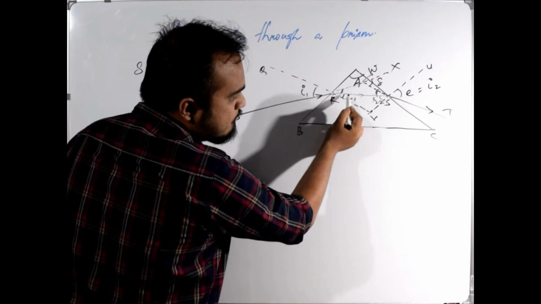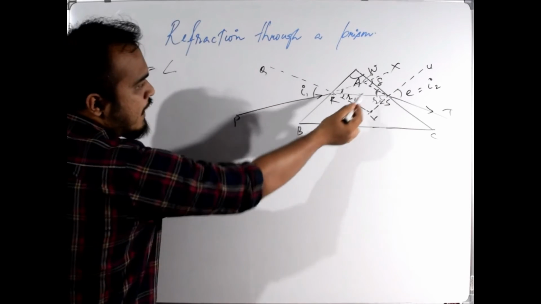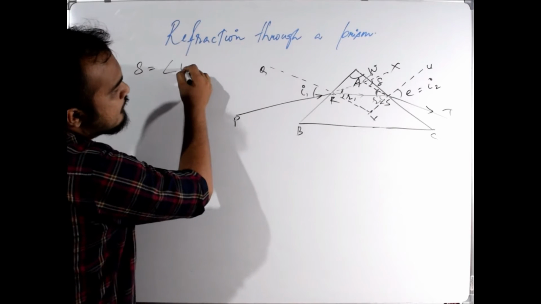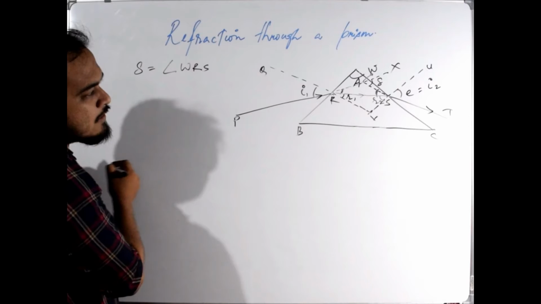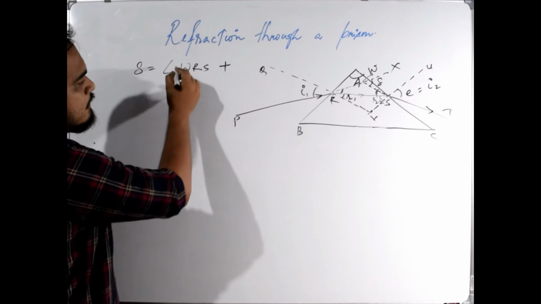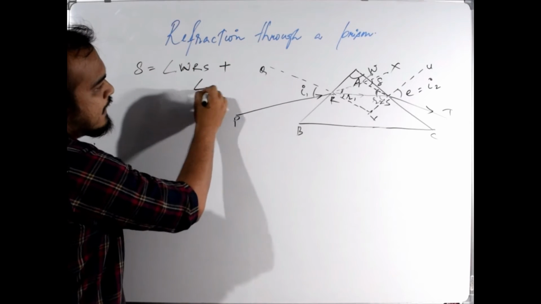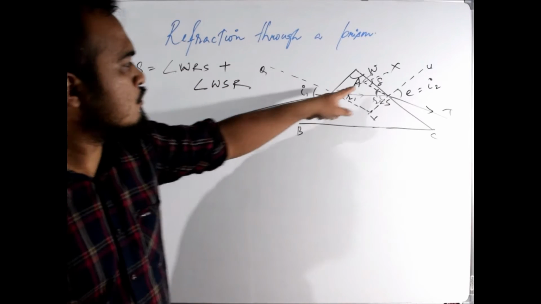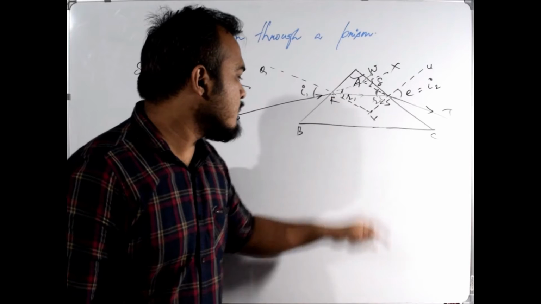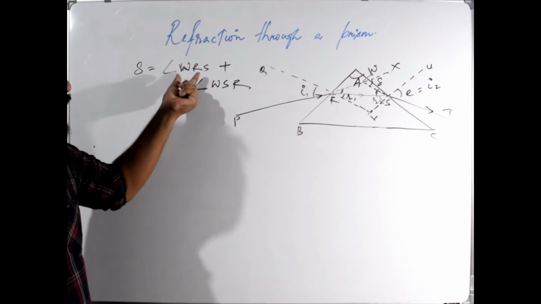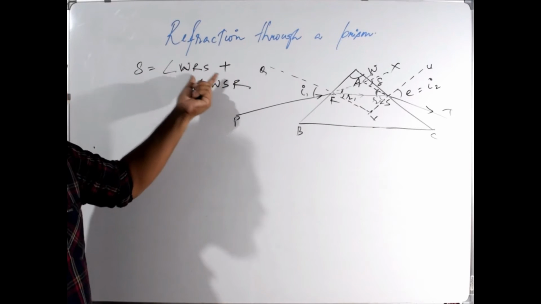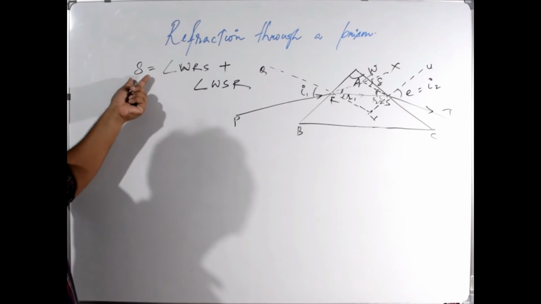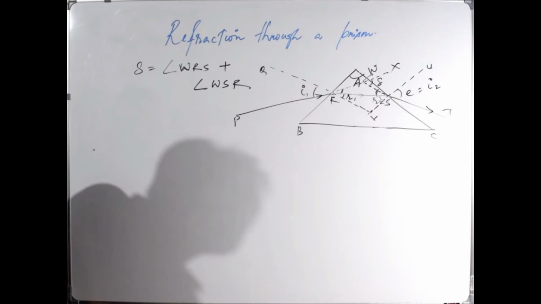So this angle will be equal to the sum of these two angles. So angle delta will be equal to angle WRS plus angle WSR. The sum of two interior angles is equal to the external angle. So delta is the exterior angle.